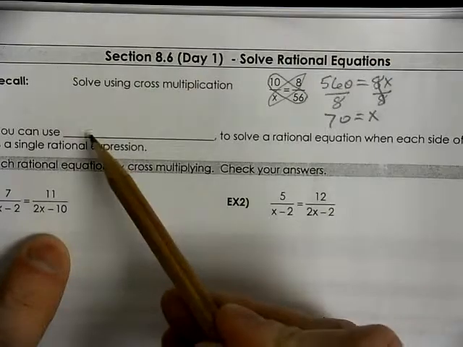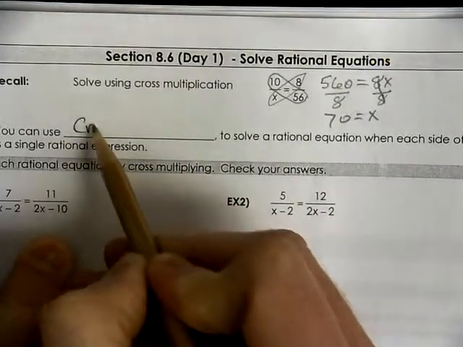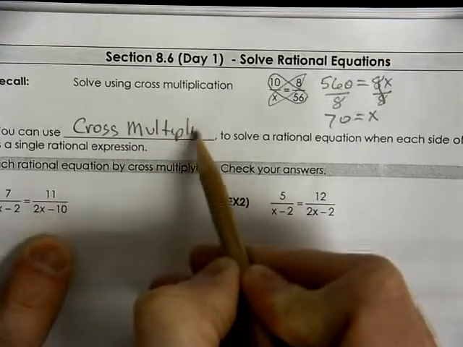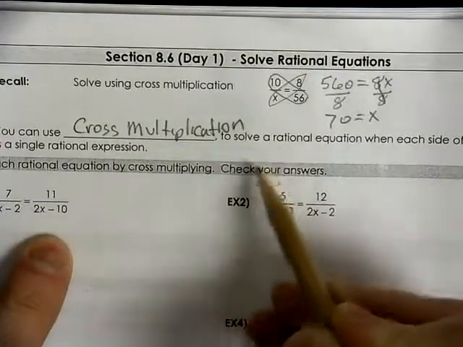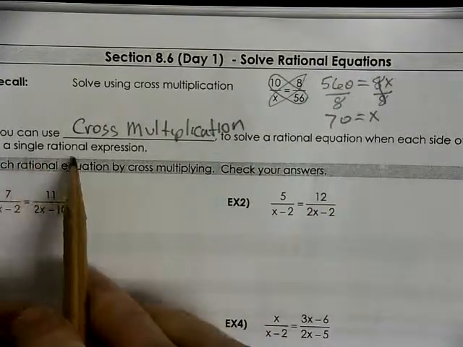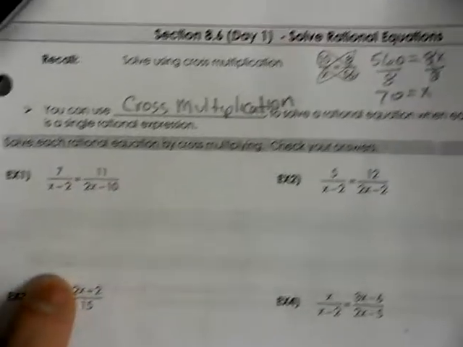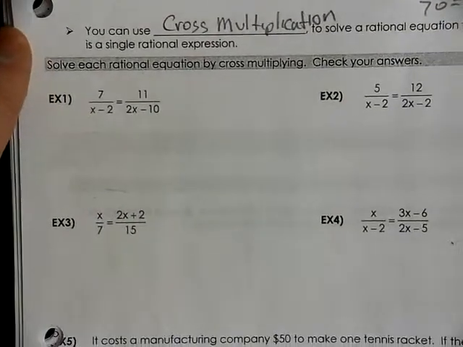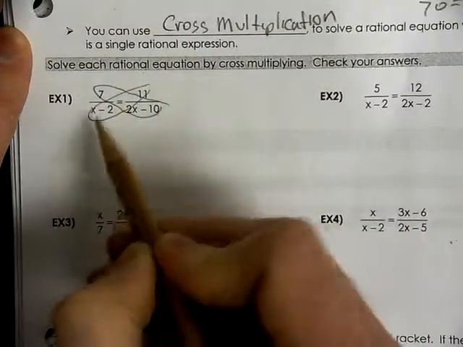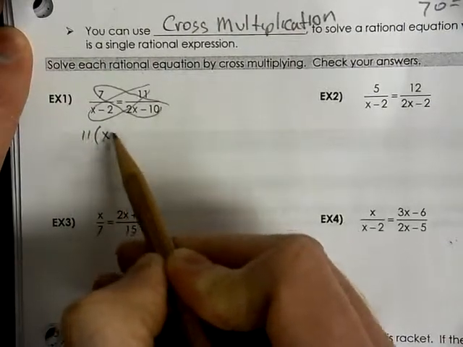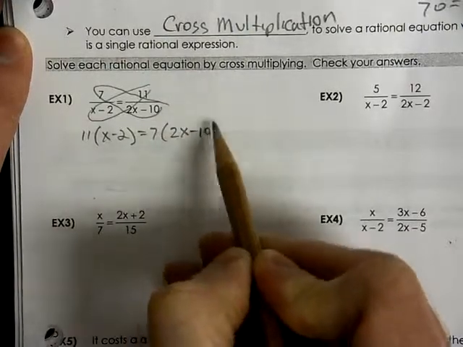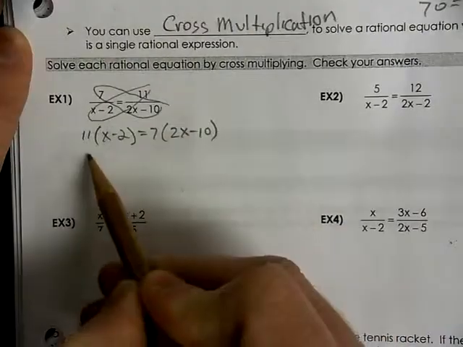You can use cross multiplication to solve a rational equation when each side of an equation is a single rational expression. So here we'll cross multiply. Seven times 2x minus 10. Then we need to distribute.